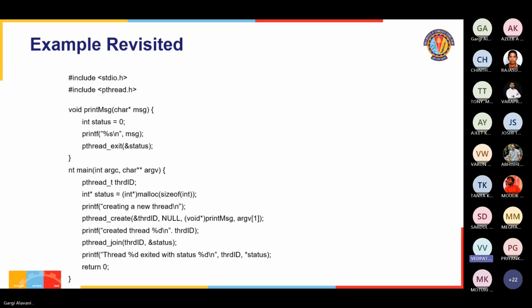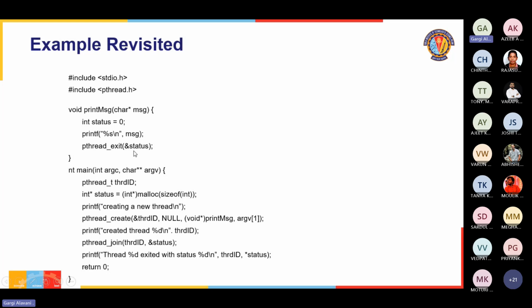Now, in this example, assuming pthread exit was not there, even then the method is going to terminate anyways, right? Yeah, it will terminate. So what is the difference in having pthread exit and not having that line in this particular example? Is there any? In this particular example, the thread will terminate before the function finishes.